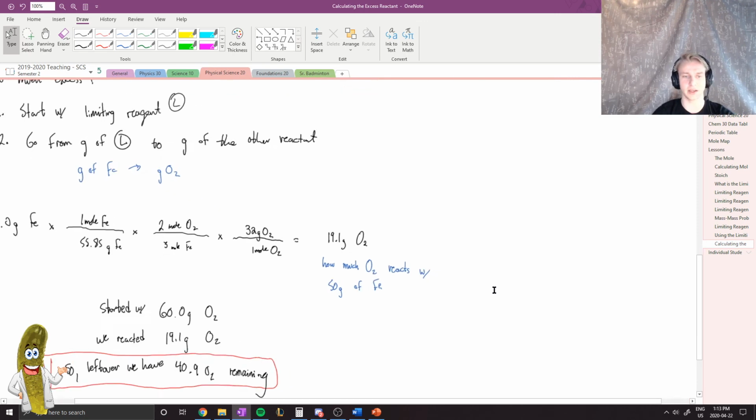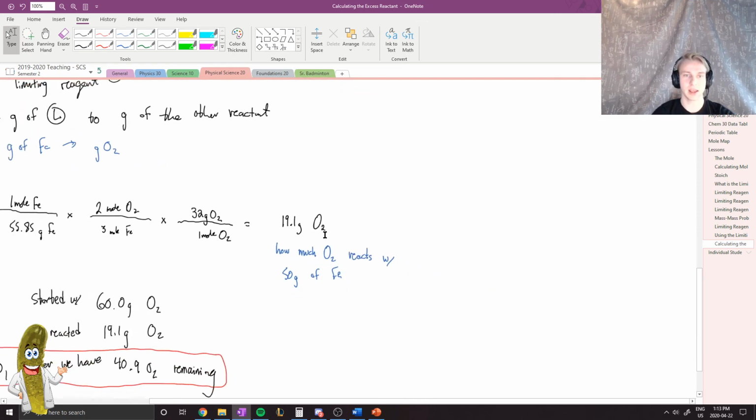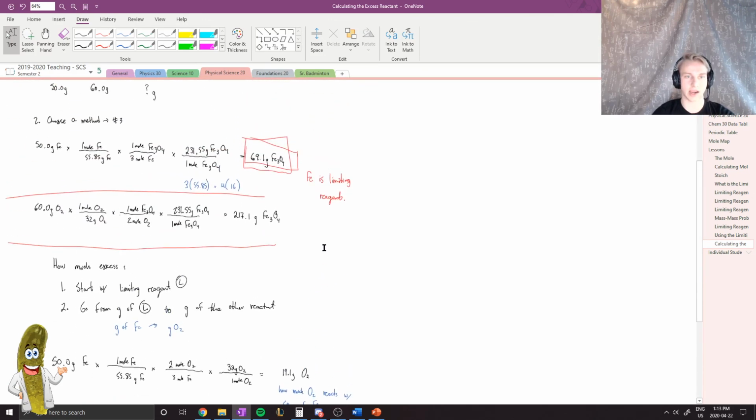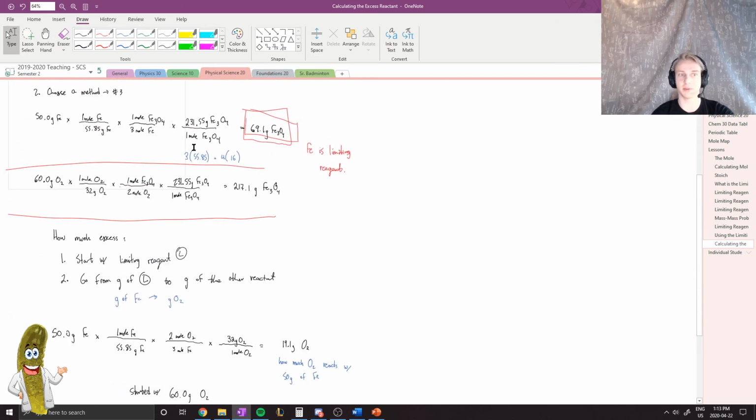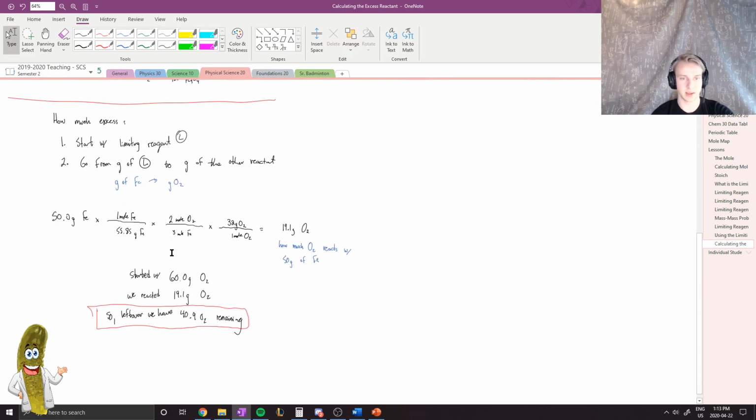If you get to this part and your answer here is higher than the amount of grams you've been given in the question, what that means is that you chose the wrong limiting reactant, and in fact, some of your work up here was done incorrectly. But this right here just shows us that, in terms of how much O2 can react with the Fe, we know that 19.1 grams can react. We also know that we started with 60 grams, so we definitely did not use all of it.